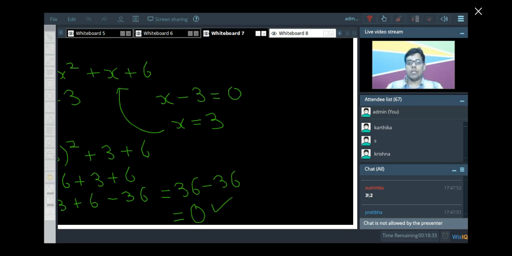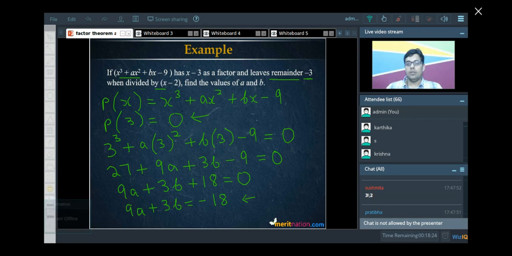So now time to conclude our session. In this session we talked mainly about the factor theorem and the remainder theorem and some examples related to them.